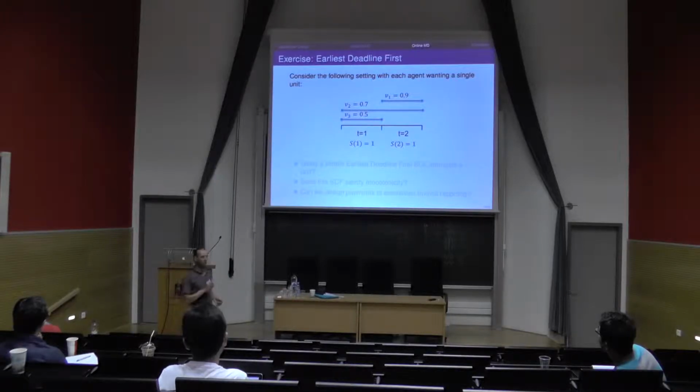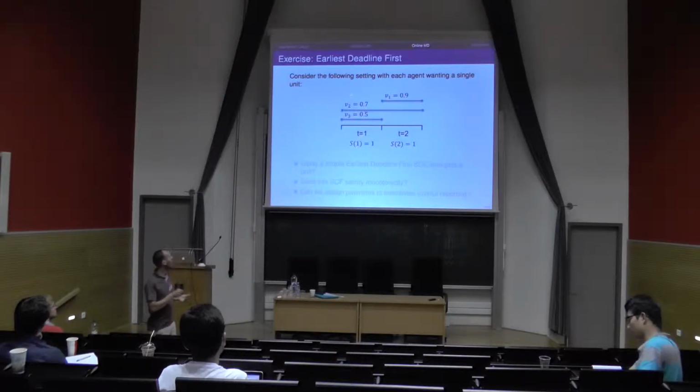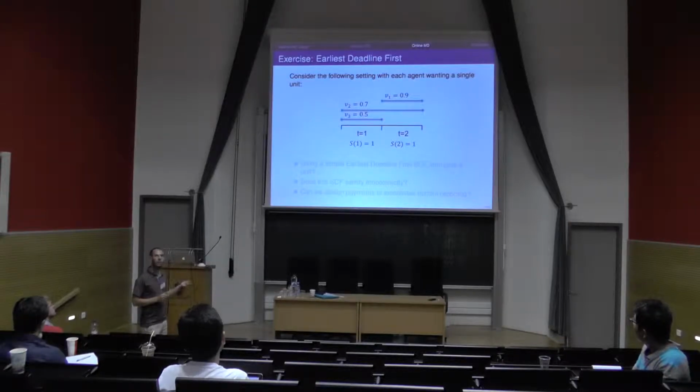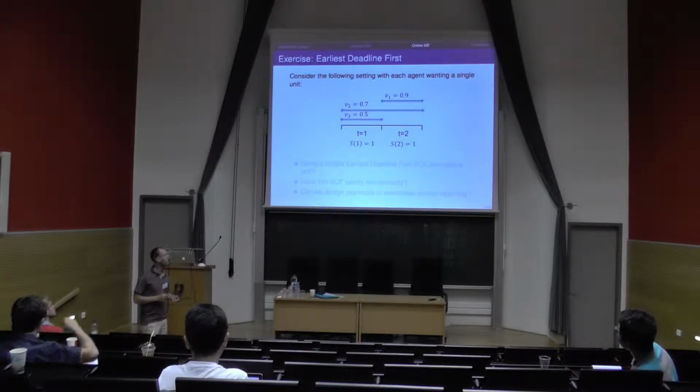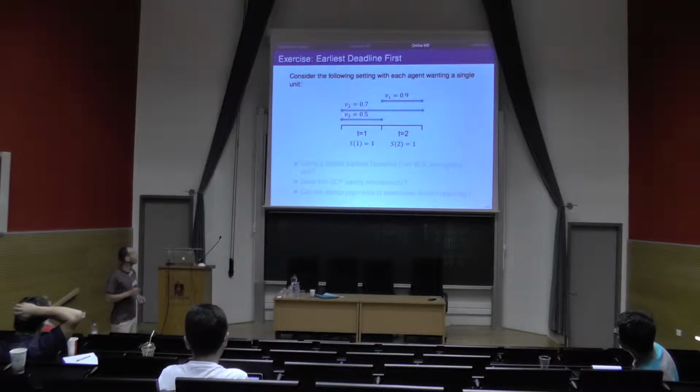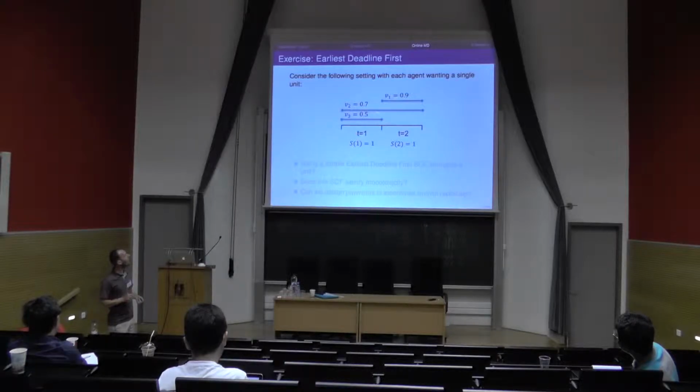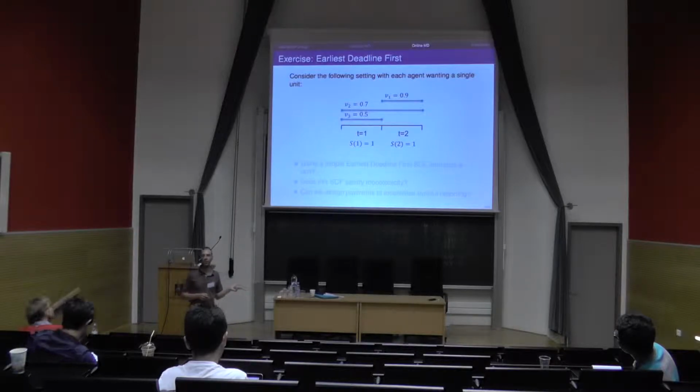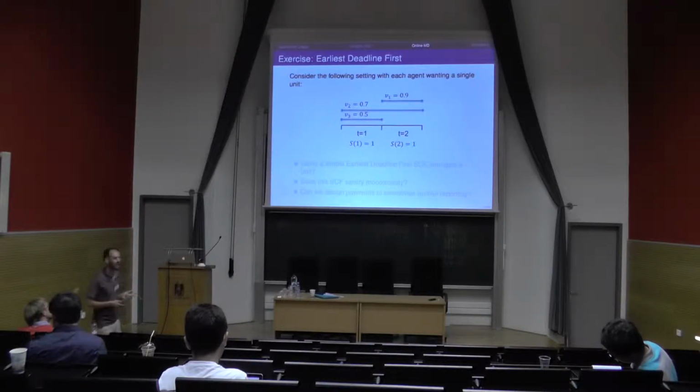With online scheduling, you have to make decisions right now without knowing for sure the future. So the heuristic used is called earliest deadline first, which means allocate the resource to the agent with the earliest deadline, because if an agent is more flexible, we can see what happens in the future, and then decide whether we allocate something to this agent in the future or not. Okay. Does everyone understand the earliest deadline first?